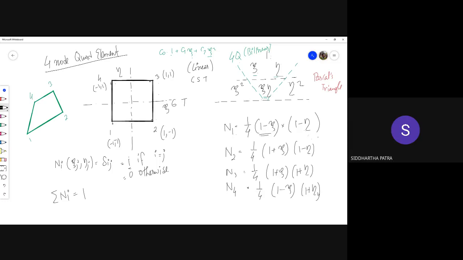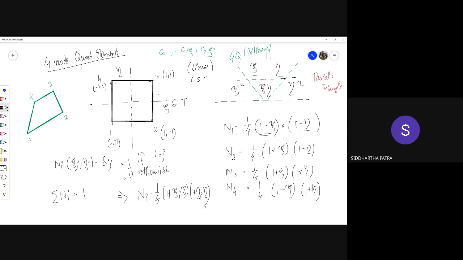So we can check that N_i is actually 1 by 4 times 1 plus xi_i times xi, times 1 plus eta_i times eta.